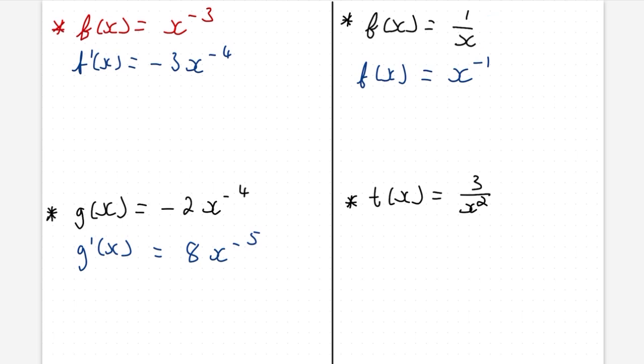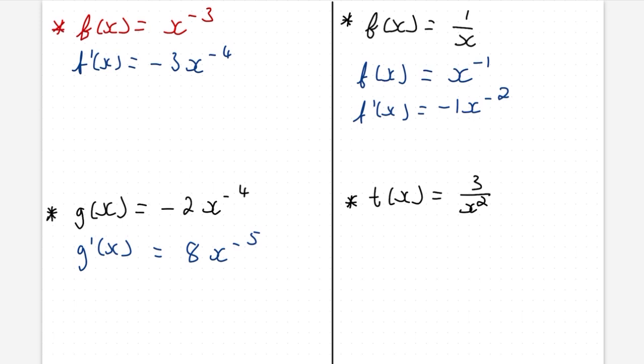I want you to note that I haven't started deriving it. I've just rewritten f of x in a different form. Now that it's in a form that's a bit more understandable, I can find f prime of x, which would be minus 1 times 1, that's negative 1, and x to the power of negative 2.